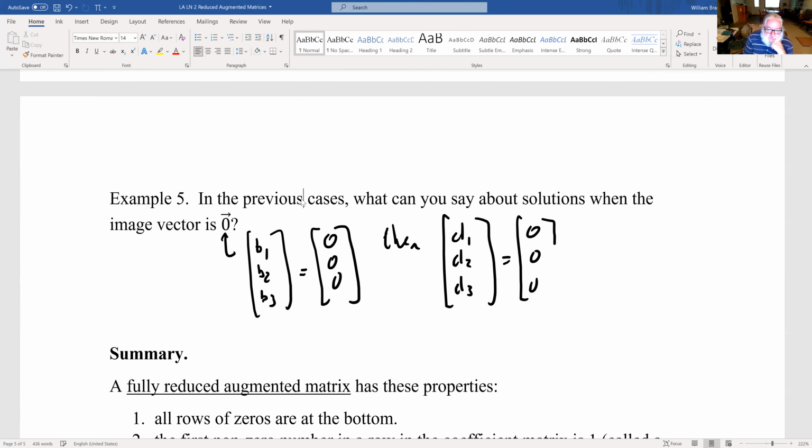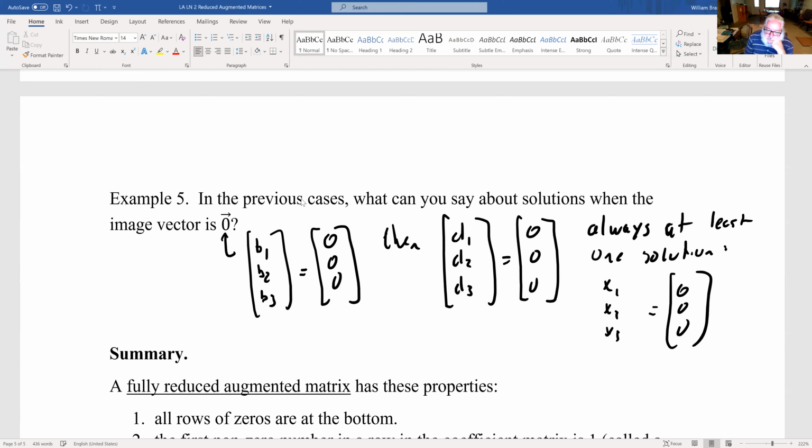And if you try to make it equal to 0, then there's always at least one solution. Just make all your variables equal to 0, and that'll give you the solution.